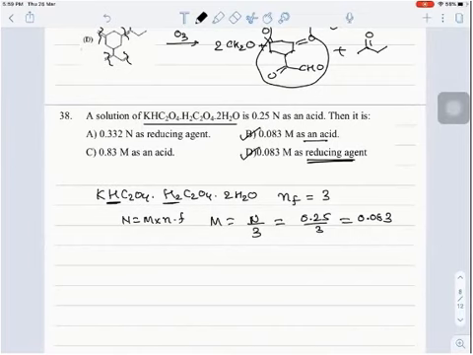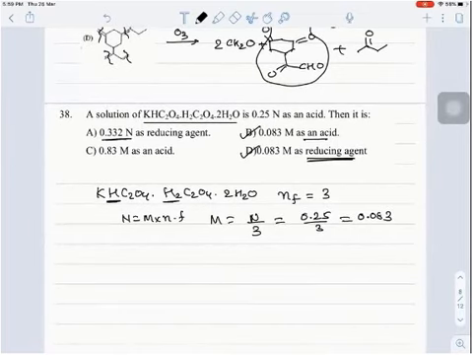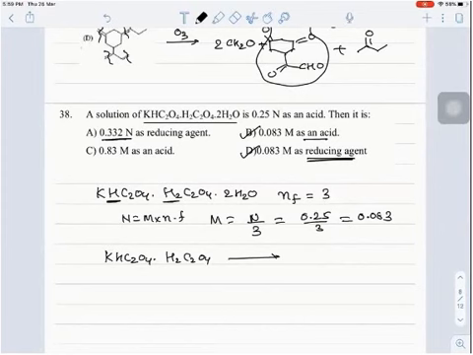Now it is asked the normality as the reducing agent. When it is a reducing agent, KHC2O4 plus H2C2O4 will get oxidized. This oxidizes to CO2, and this is also oxidized to CO2, 4 moles of CO2. Here the oxidation state is changing from +3 to +4.